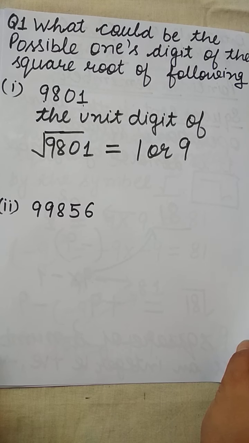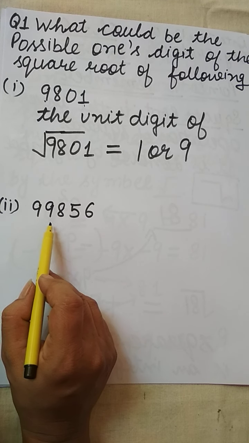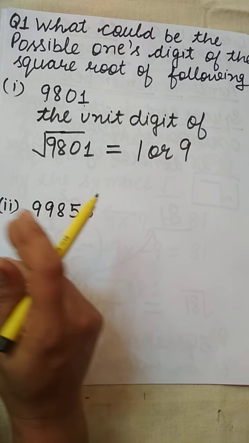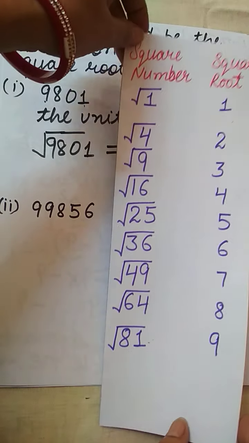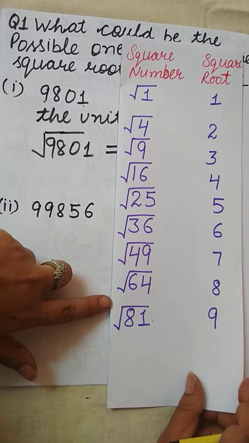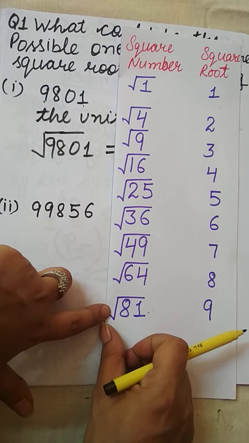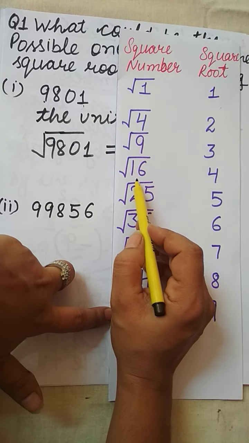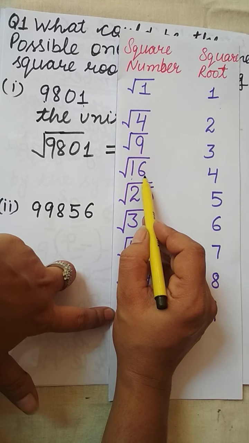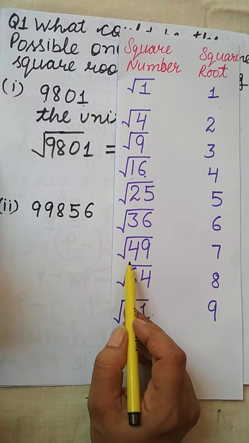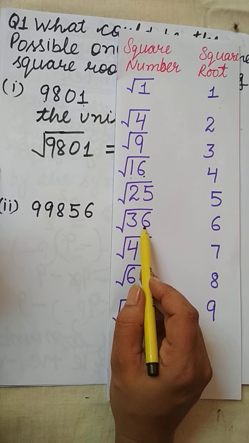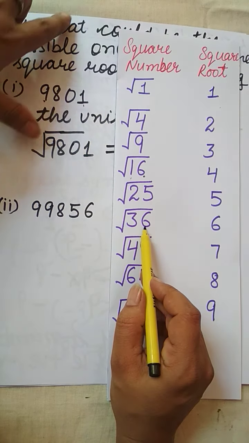Now see for the next part, 99856. Now again I'll show you the chart. Now here I will find the numbers which are having 6 at their unit digit. You can see from here 16 is having 6 at its unit digit and 36 is also having 6 at its unit digit.